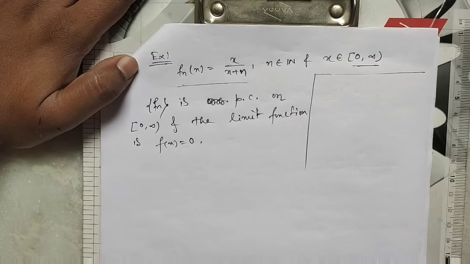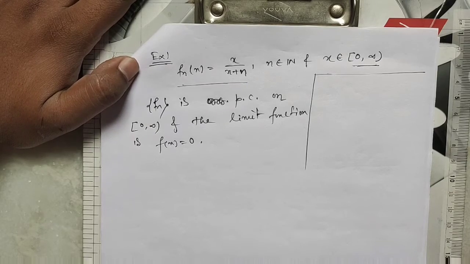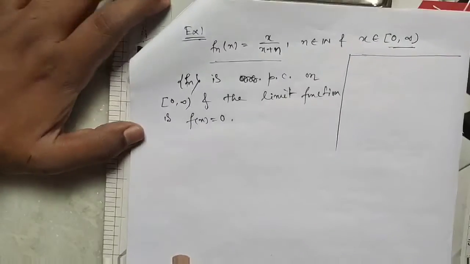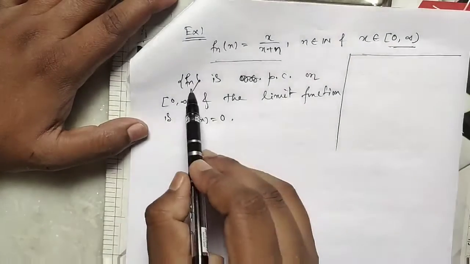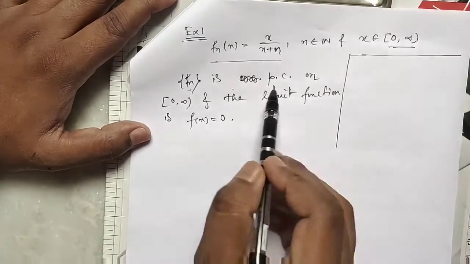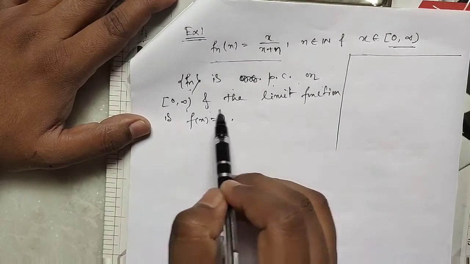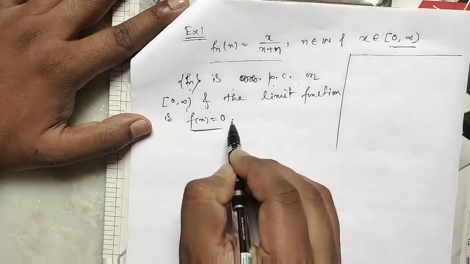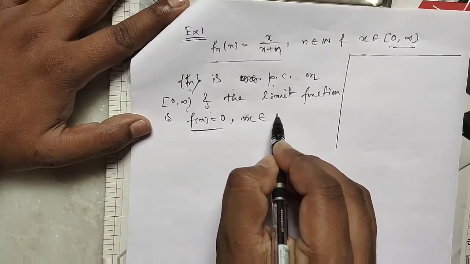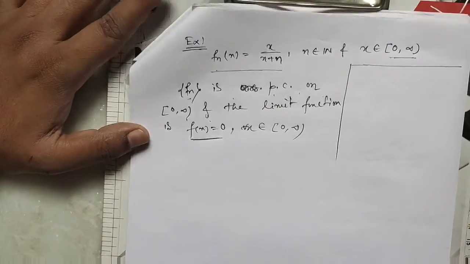We discussed so many examples to find the limit function in previous classes. So this sequence of functions is pointwise convergent on 0 to infinity, and the limit function f(x) equal to 0 for all x belongs to 0 to infinity.